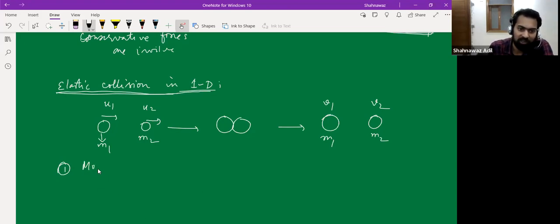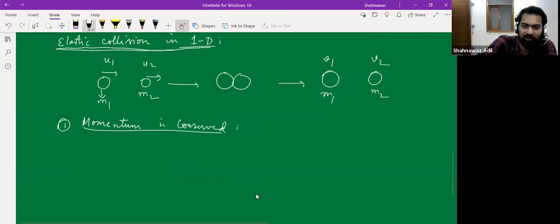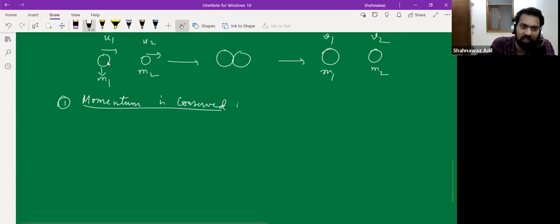So momentum is conserved. So we will use this. What will be the mathematical form when I say momentum is conserved? Remember that we are in one-dimensional motion, so we don't bother about the vectors, right?